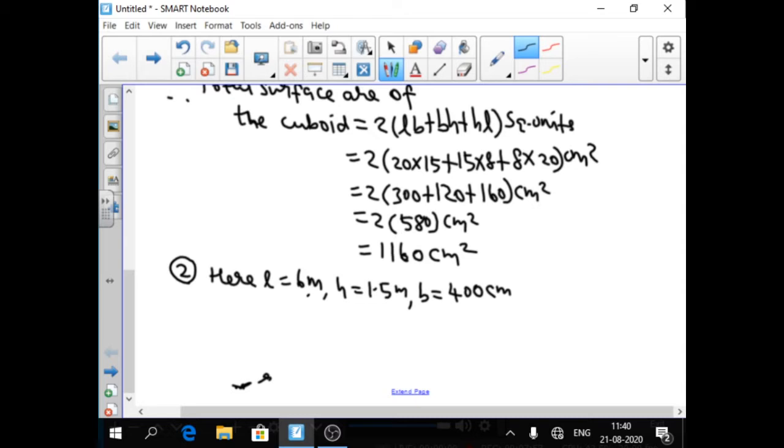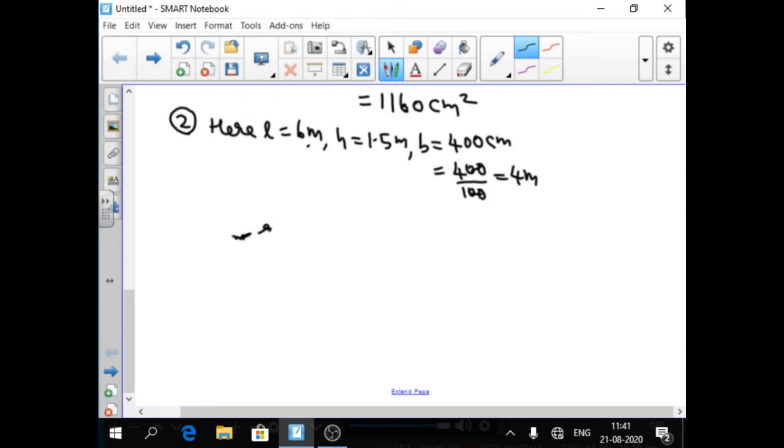This 400 centimeter we change into meter, so divided by 100. 400 divided by 100, cancelling these two zeros, is 4 meter. So length is equal to 6 meter, breadth is equal to 4 meter, height is equal to 1.5 meters.